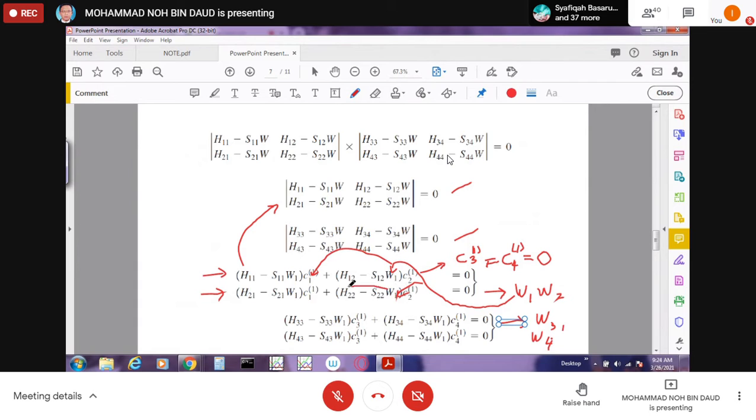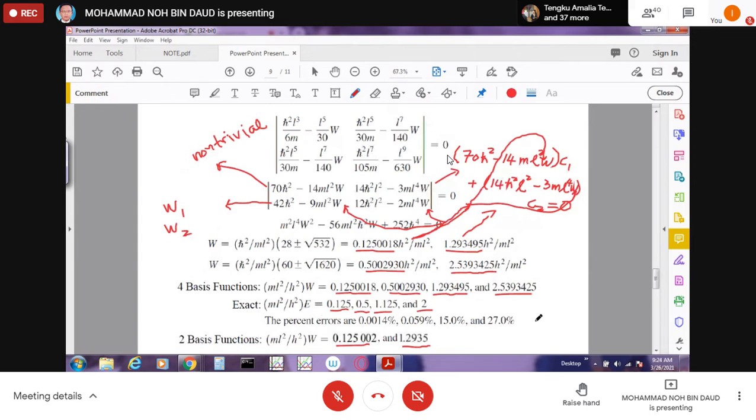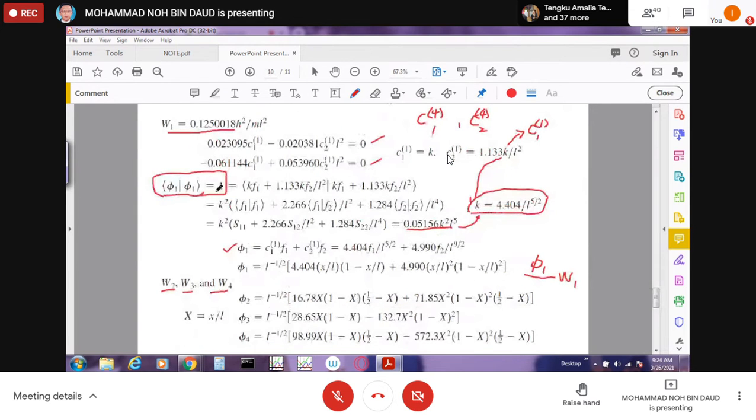Similarly, you can do for W2, W3 and W4. Using these normalization conditions, you can write this for phi 2, phi 3, and phi 4.